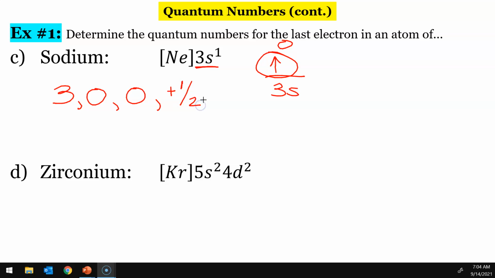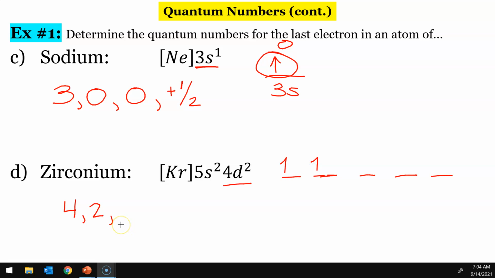Zirconium, 4d. So the first number will be 4. D from that table has a value of 2. When we draw out our orbitals, we have 2 electrons, 1, 2.